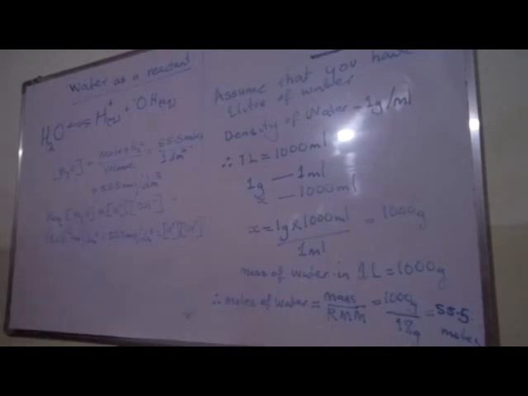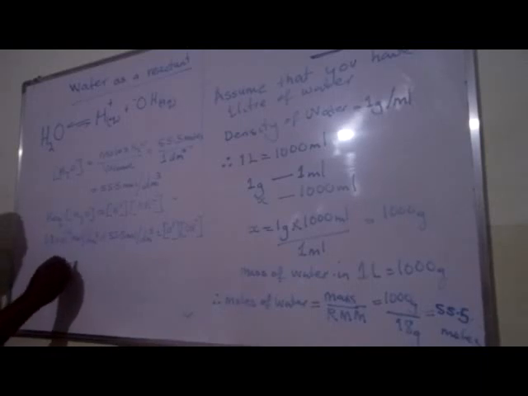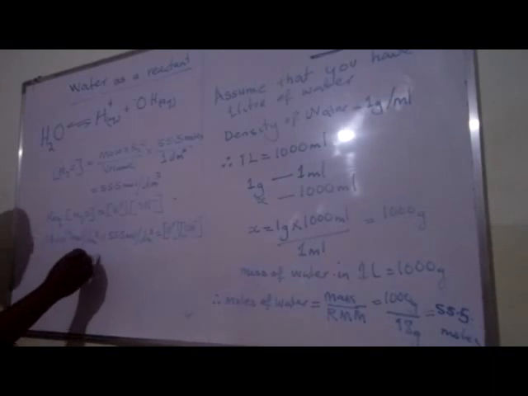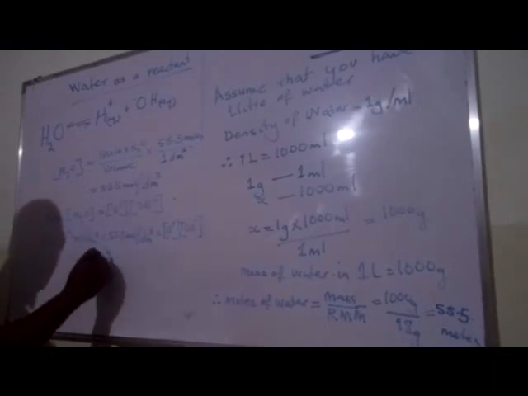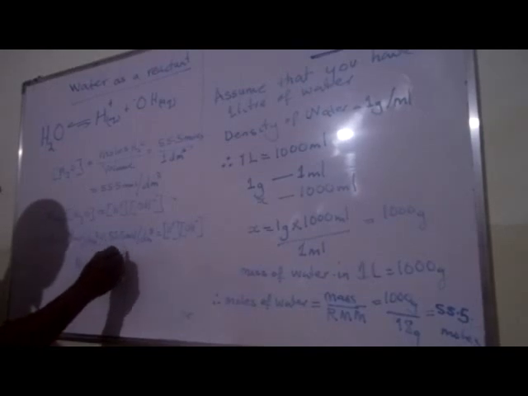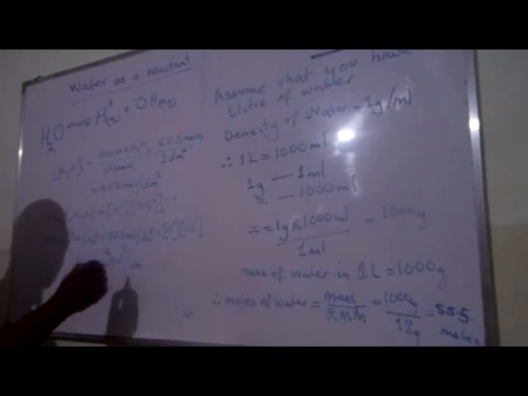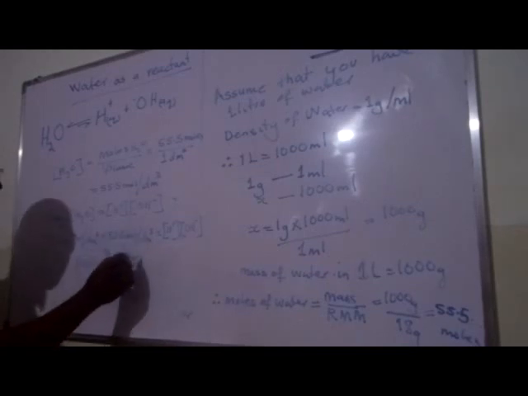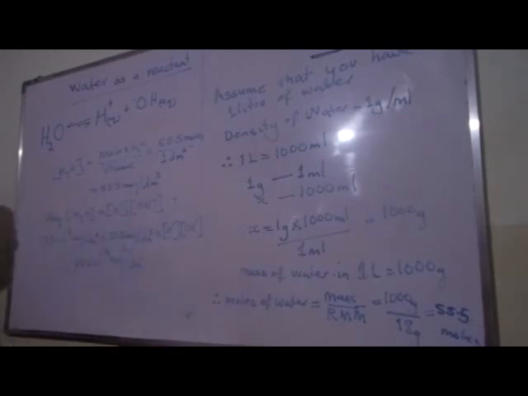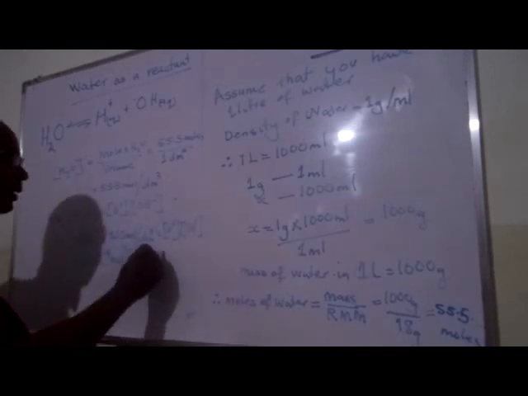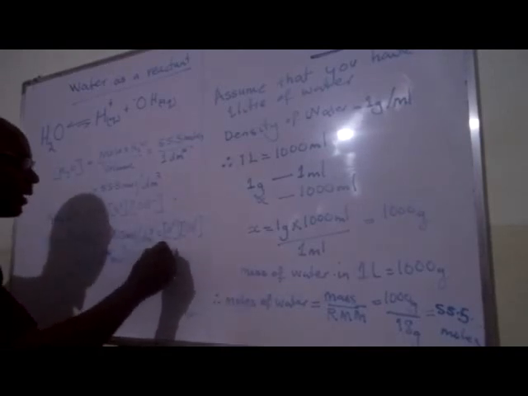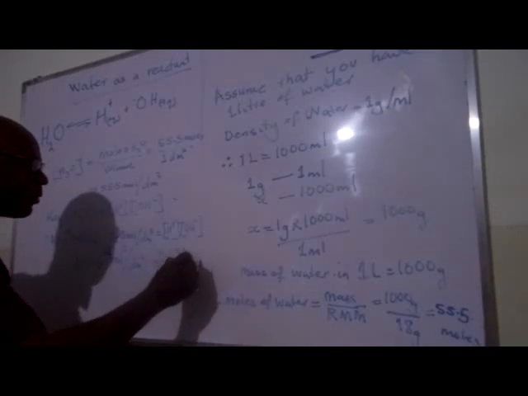If you do the calculations, this value will give you 1.0 times 10 to the power minus 14 moles squared per cubic decimeter squared, so we can say dm to the 6 if it's squared. This gives you the concentration of hydrogen ions multiplied by the concentration of hydroxide ions.